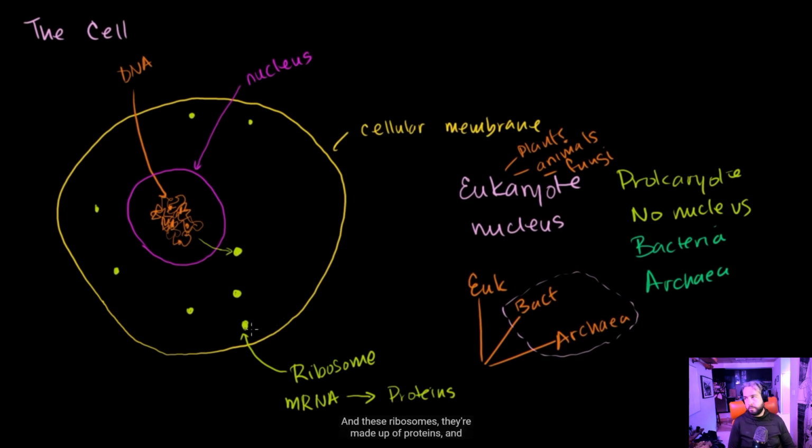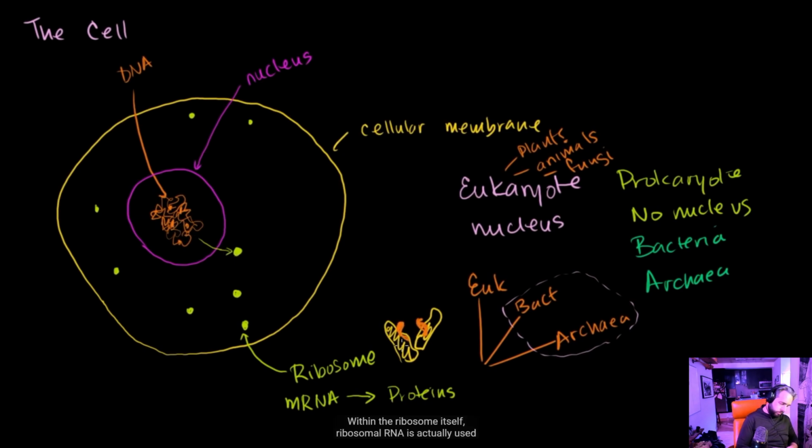Now, one interesting thing: these ribosomes are made up of proteins, and actually they're also made up of RNA. And so one question is, well, where are the pieces of the ribosomes made? Well, some are made by proteins, which might be made in other ribosomes. But some of it, you can kind of view the ribosomes as a big mess if you were to look at them in detail. There's some protein there, and I'm not drawing it that realistically, but then you have some RNA tied in with the protein, and that RNA isn't used for actual information purposes like it normally is when it goes from DNA to the ribosome.